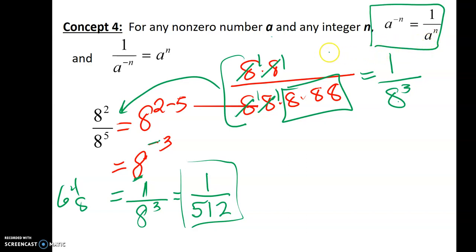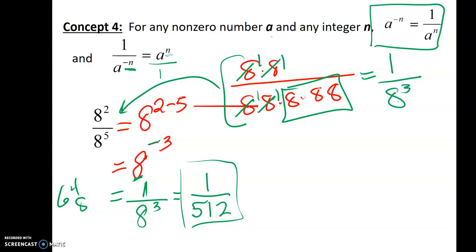What happens if I have a negative exponent in the denominator? If I have a base to a negative exponent in the denominator, then that a value is going to move to the numerator with a positive exponent. So it switches its place. What it does is it actually takes its reciprocal. We call that its inverse.